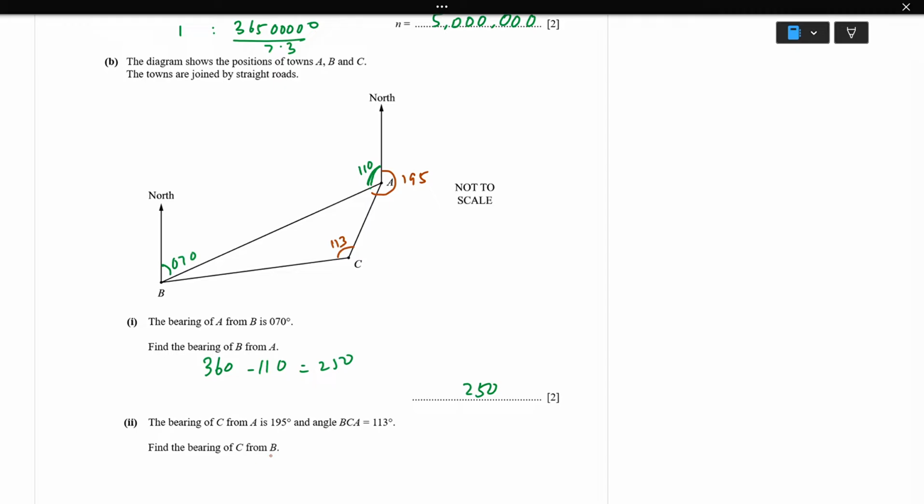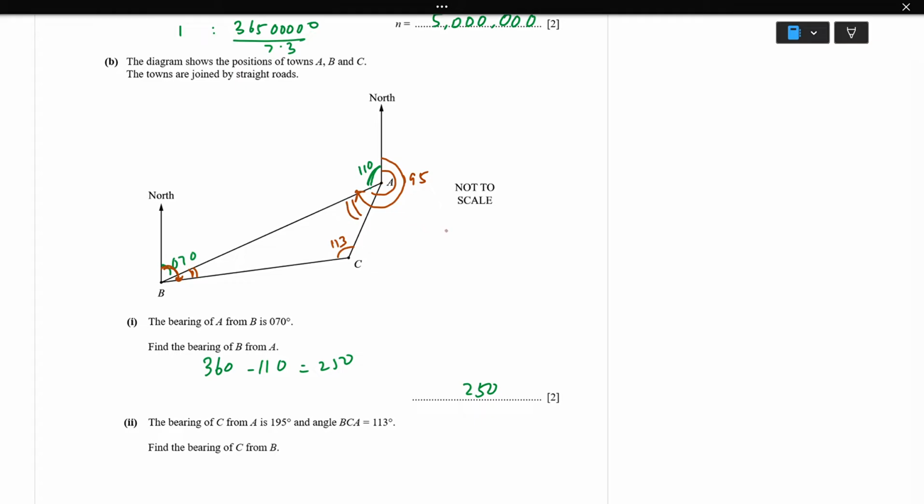Find the bearing of C from B. From B means we need to find the entire angle. We already know the 70, so we only need to find this angle here. That's easy. This entire angle is going to be 250.